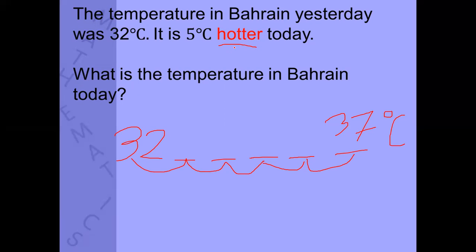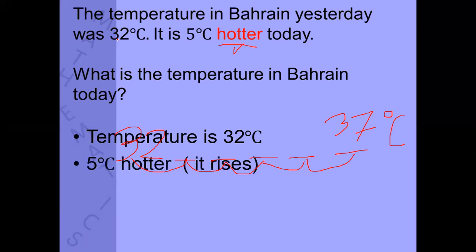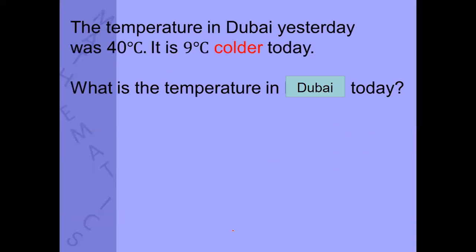That's why it is hotter. 37 degrees Celsius is hotter than 32 degrees Celsius. Okay. See now, the temperature was 32 degrees, 5 degrees Celsius hotter, so it rises.